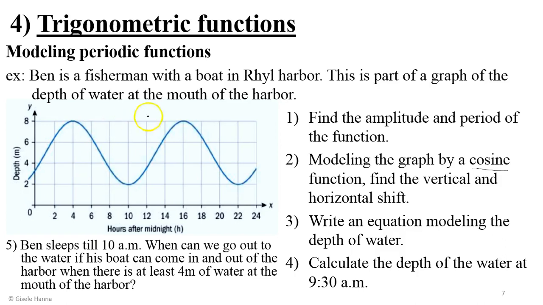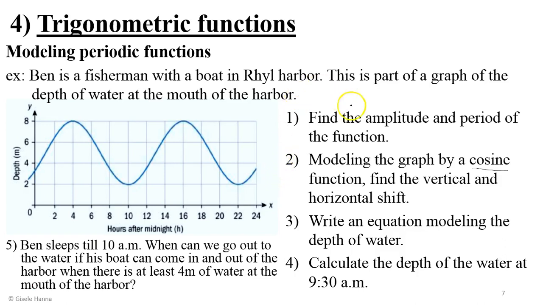However, usually whenever you have a sinusoidal function, if the question does not specify whether to model it using sine or cosine, you could choose, except the parameters or the coefficients of the function would change depending on whether you model it using a sine or a cosine function. So over here, we need to find the amplitude and the period of the function.